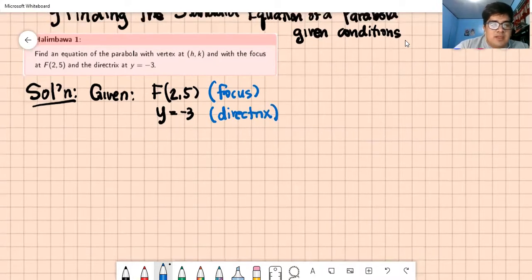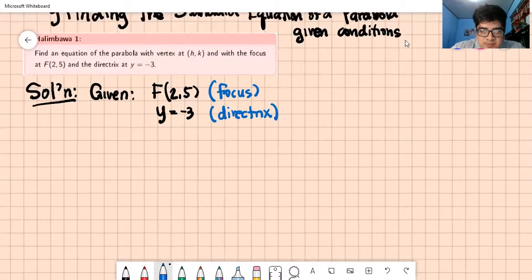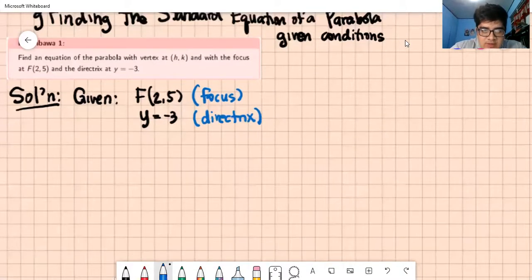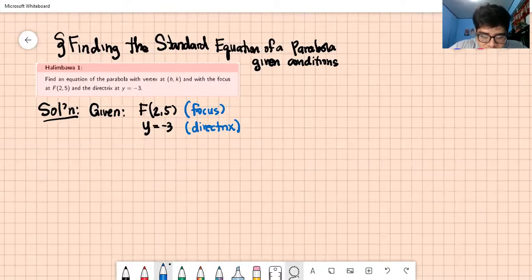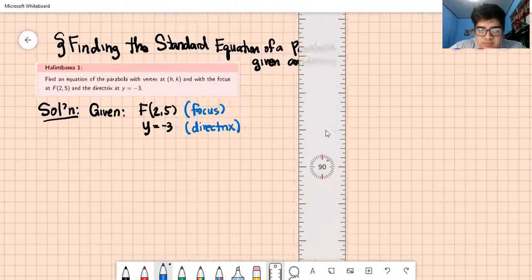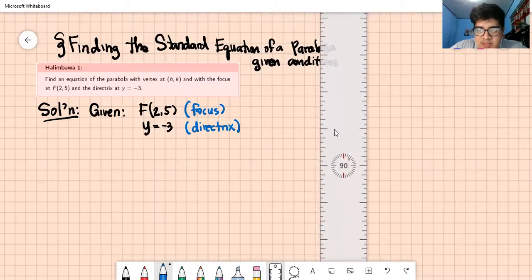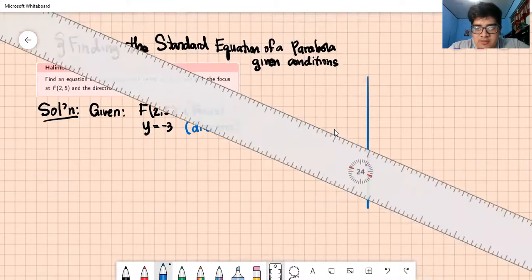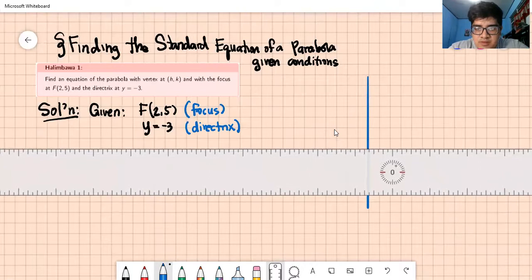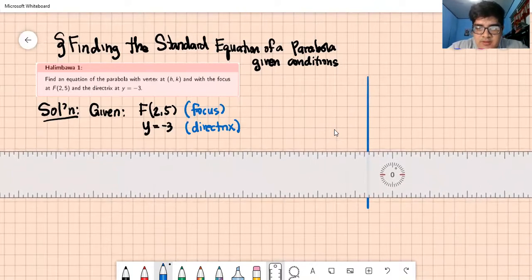Diba? Tama, diba? Ngayon, let's draw it. Let's draw the given. Ngayon, let's have our trusty ruler again. Di muna tayo mag-GeoGebra kasi kailangan ma-visualize natin tong problem for a minute. And this is the ruler.